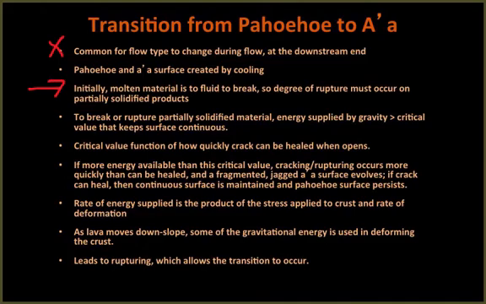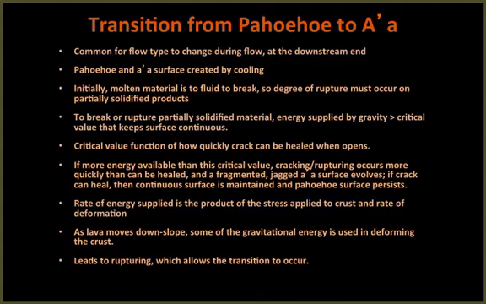And to break or rupture the partially solidified material, so the crust on the lava flow, the amount of energy that is pulling on that lava flow by gravity has to be greater than the value that keeps the crystallizing surface of that flow continuous. So this is essentially a function of how quickly a crack can be healed in that crystallizing surface when it's opened. So if it heals quickly, then it's going to stay a fluid flow.